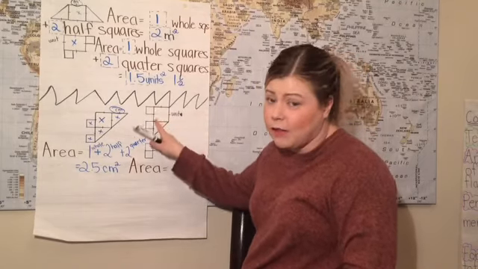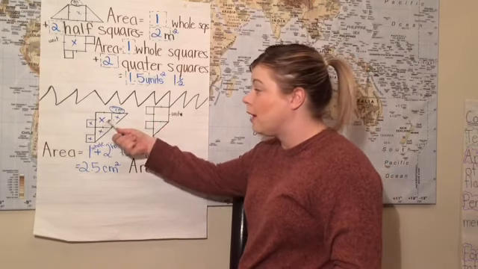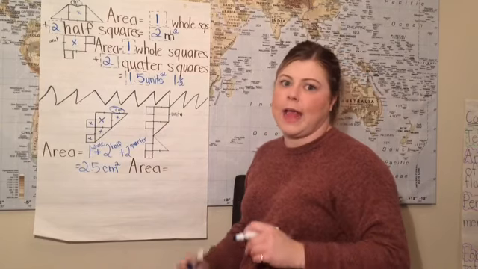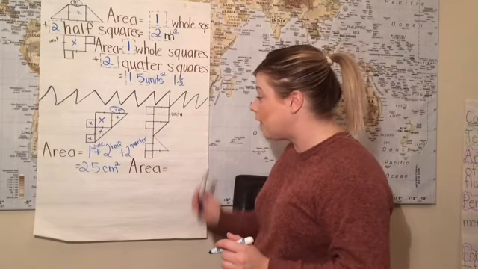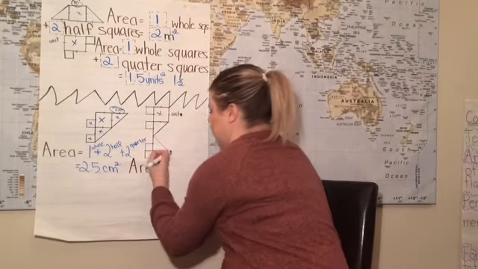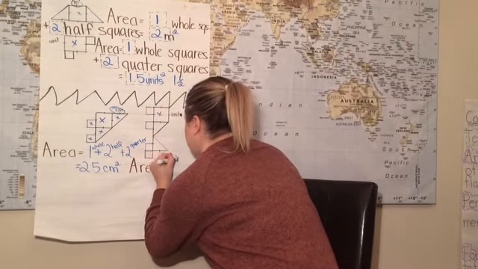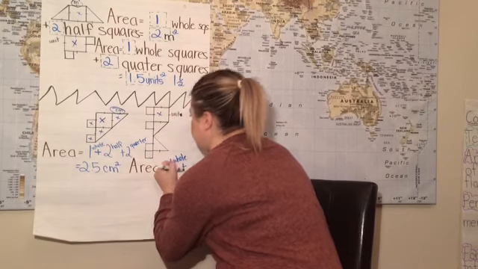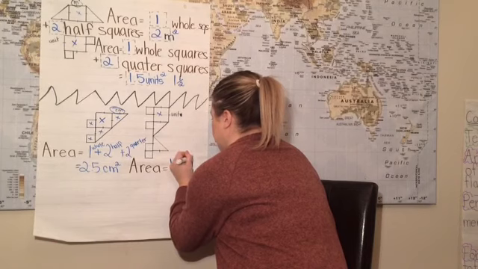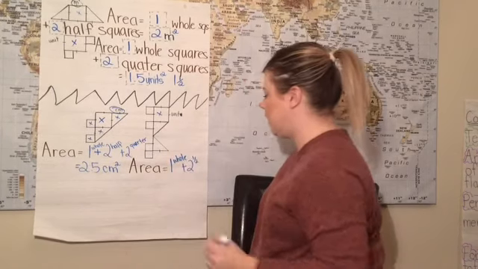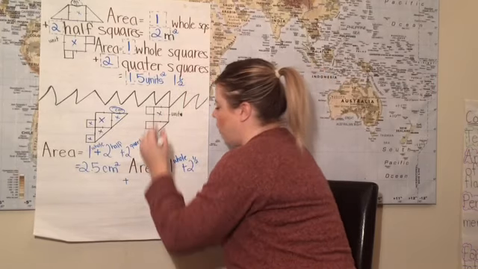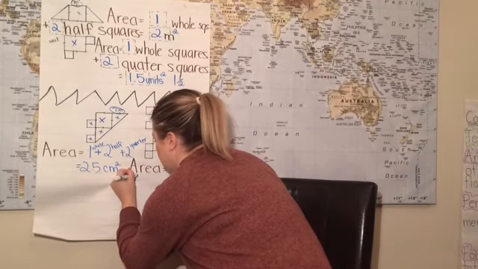Now this one has a lot of different shapes wedged out, so I really have to make sure that I X off all of my shapes so that I don't recount them again and get the wrong answer. Let's find the whole shapes. One whole shape plus 1, 2 half shapes. I'm just going to put a little symbol there. Plus 1, 2, 3, 4 quarter shapes.